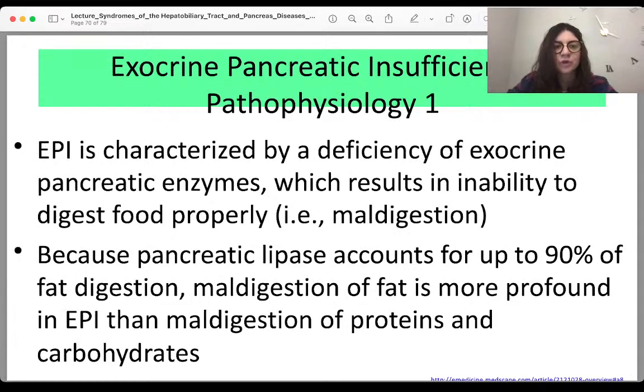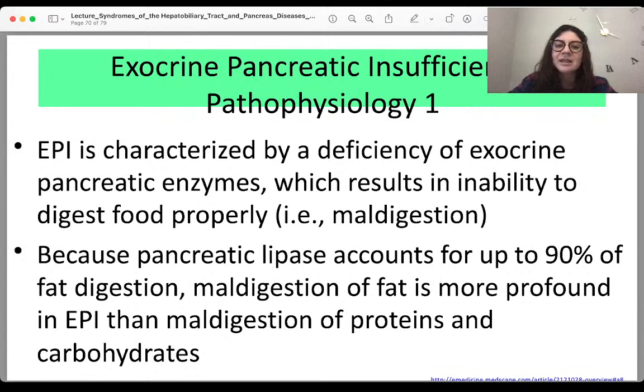Pathophysiology of this insufficiency. Exocrine pancreatic insufficiency is characterized by deficiency of exocrine pancreatic enzymes, which results in inability to digest food properly, what we named, remember previous lecture, maldigestion.